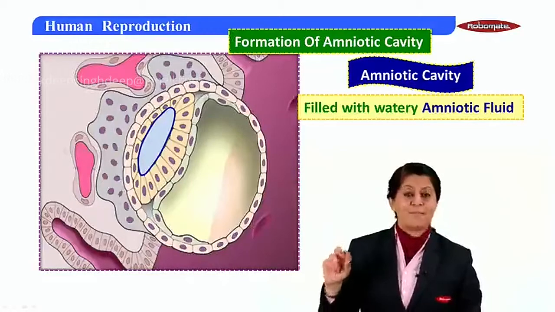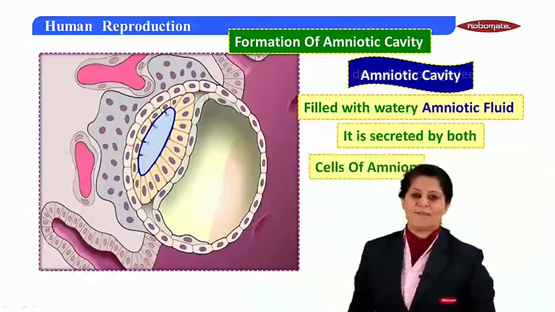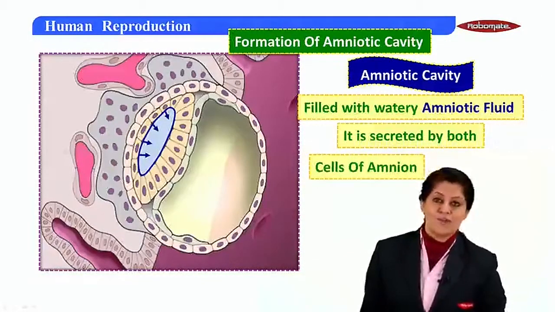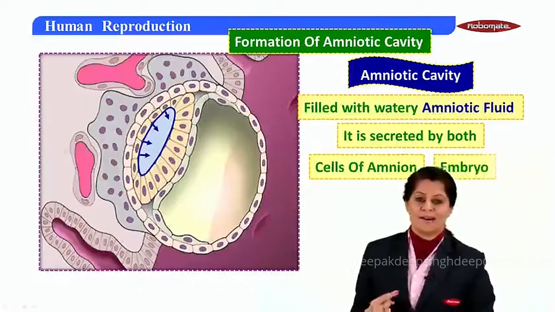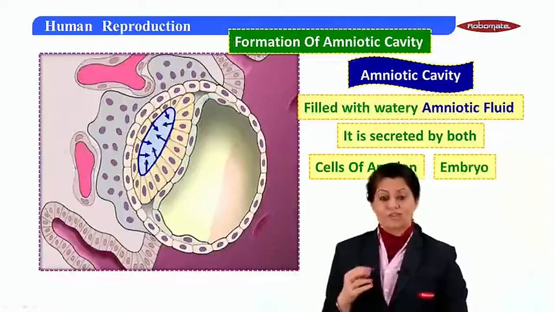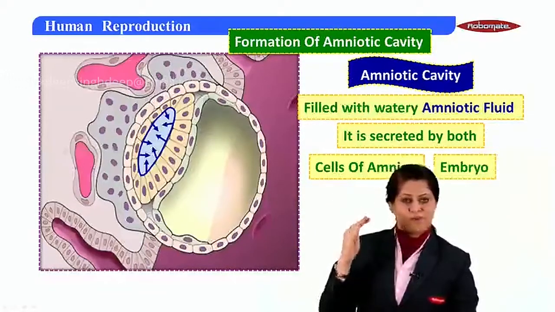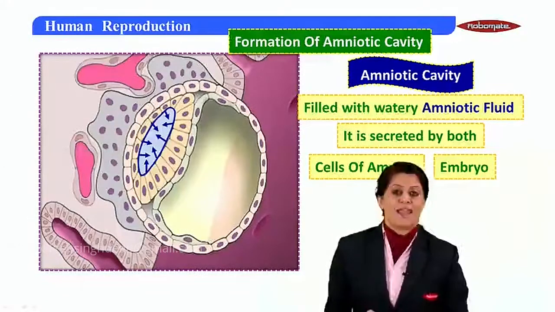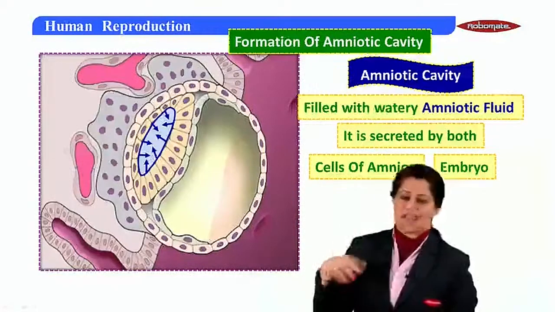Remember, amniotic fluid is produced by definitely the amnion or cells of the amnion, which we call amniogenic cells, and it's also produced by the embryo, students. So this amniotic fluid is released from top, from the amnion, and from the bottom it's released by the embryo, which right now we are calling the embryonic disc. That's the future embryo.